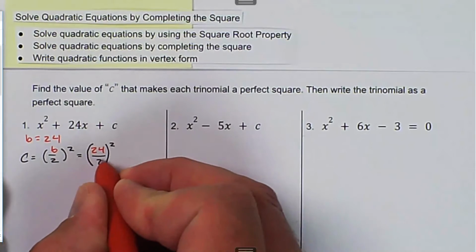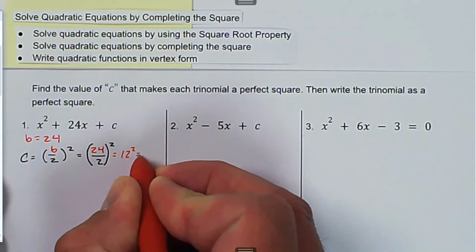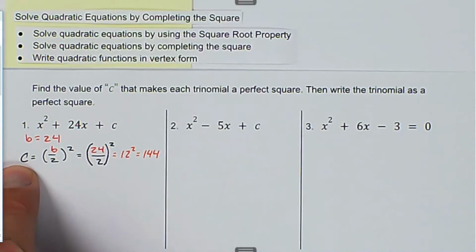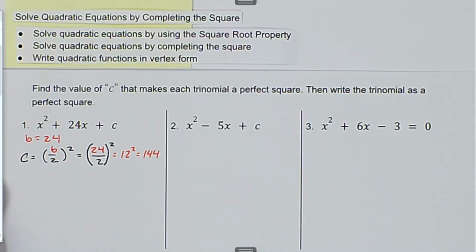So we get 24 divided by 2 is 12. 12 squared is 144. So that is the c value that we're going to add, is going to be 144. So we can rewrite our trinomial.